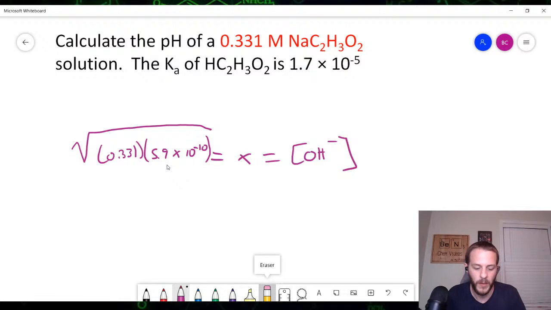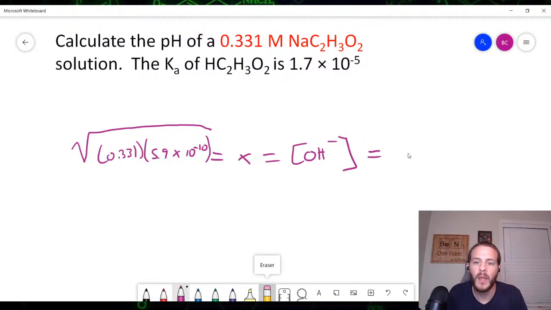So square root of the product of 0.331 and 5.9 times 10 to the minus 10. The value that I got, and I'm going to put this in scientific notation, how many sig figs am I going to put in here?